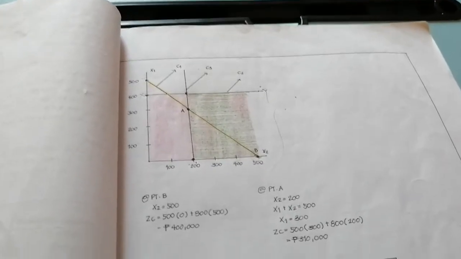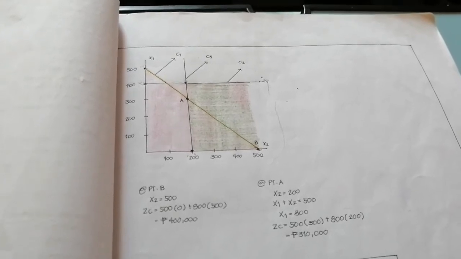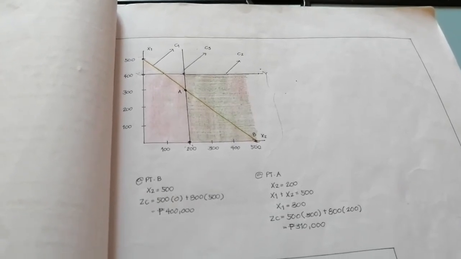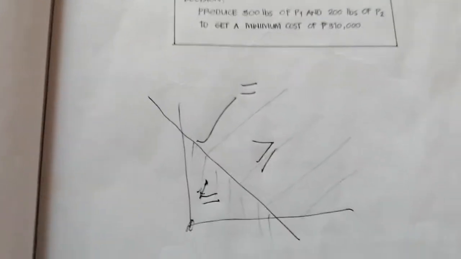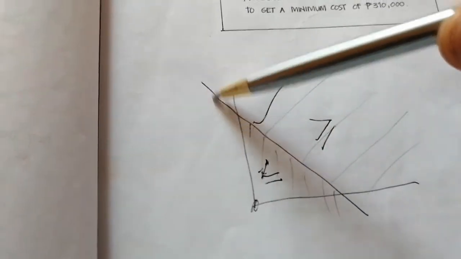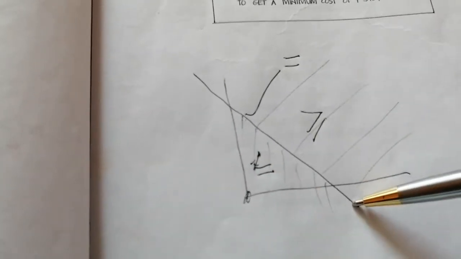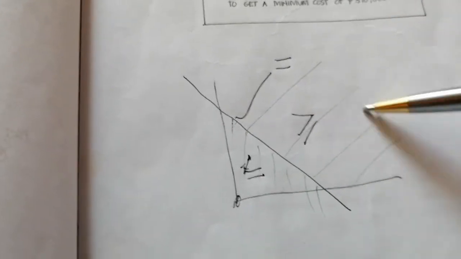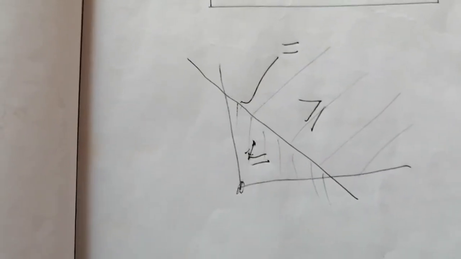You have to remember in maximization, diba? When we shade the feasible area, the example that I gave is only greater than or equal to. So if it is greater than or equal to, and this is the line, the feasible area will be above, or away from the 0, 0 value of x and y.